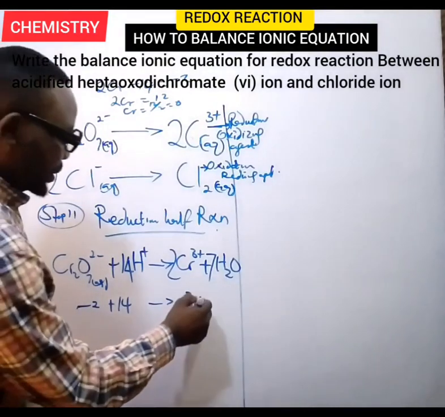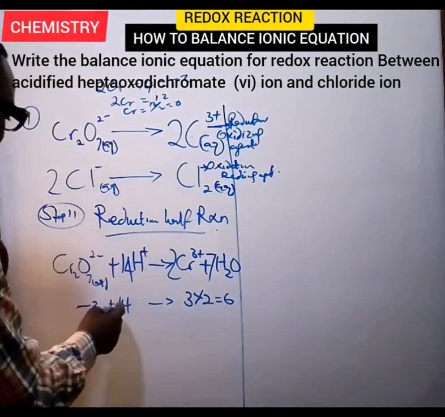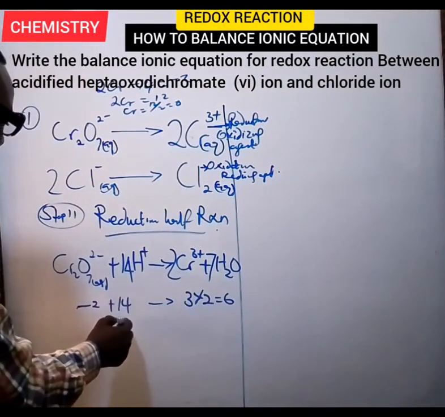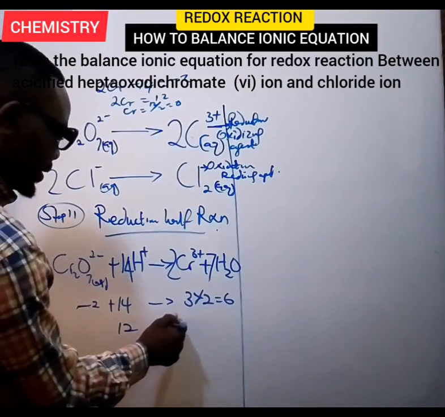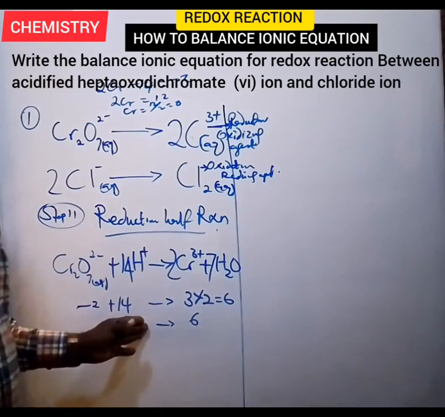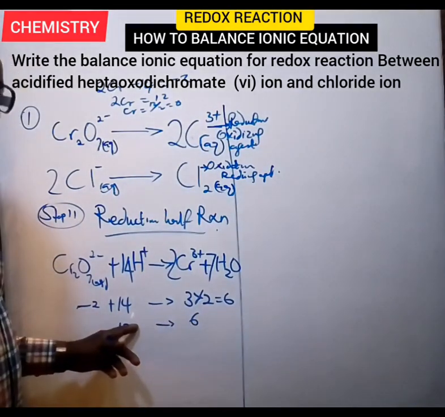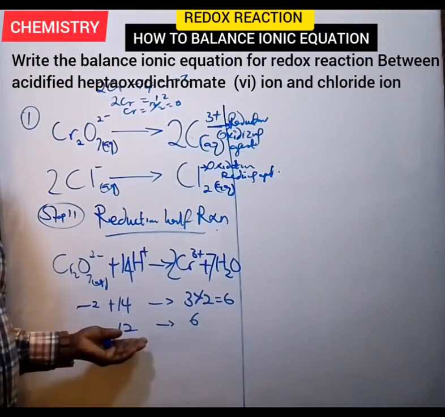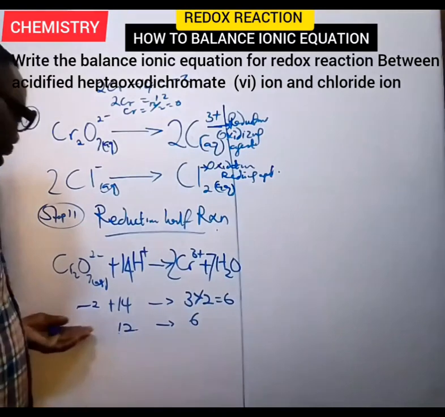That's going to be equal to 6. So now on the left we have -2 plus 14, that's going to be 12, and the right hand side is 6. You can see we're having 12 here, 6 here. When you subtract this 6 from this 12, we are still going to have 6 left on the left hand side.